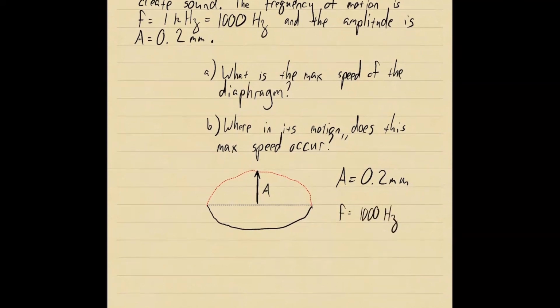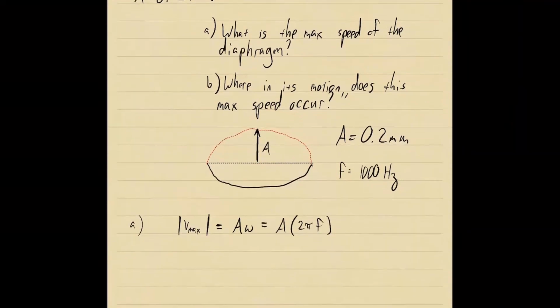Part A is asking, what is the max speed of the diaphragm? Well, we saw that max speed for something undergoing simple harmonic motion is just equal to the amplitude of the motion, how far this thing actually goes out, multiplied by its angular frequency. But we know that its angular frequency is just 2 pi f.